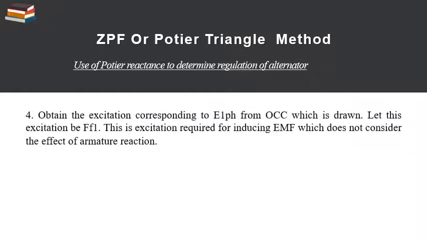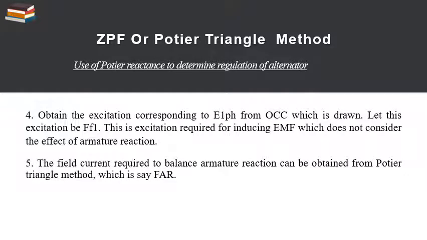So the next point is obtain the excitation corresponding to E1 pH from OCC which is drawn. Let this excitation be FF1. This is excitation required for inducing EMF which does not consider the effect of armature reaction. Point number 5.